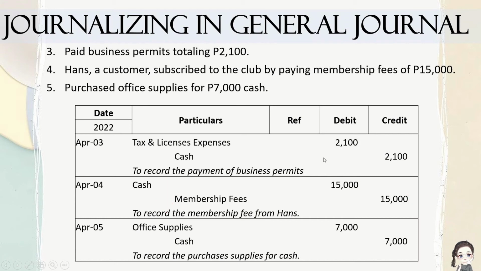Next, you purchased office supplies for 7,000 and it is paid in cash. So it is still a decrease in your cash, which means you have to credit your cash account. And since you received supplies, which are part of your asset, you will debit office supplies, and the corresponding amount is 7,000.